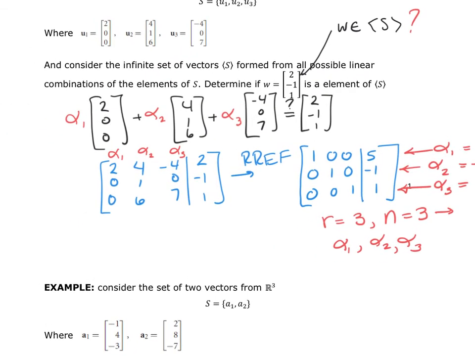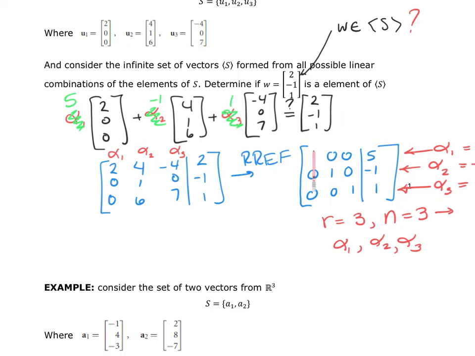If I go back up and replace these with 5, negative 1, and 1, I can do the linear combination: 5 times 2 minus 4 more gives me 2. 5 times 0 is 0, minus 1 plus 0 is negative 1. 5 times 0 is 0, negative 1 times 6 plus 7 gives me 1.